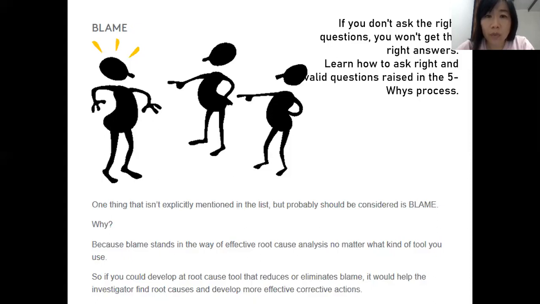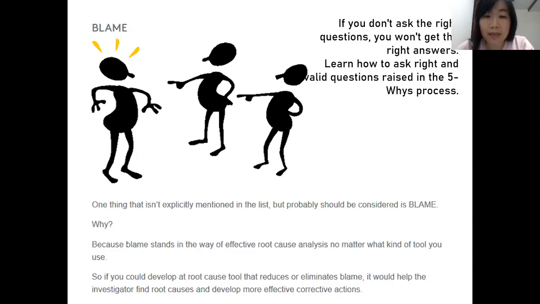When we don't ask the right questions, people feel they are blamed, and when they are blamed, they start to resist.